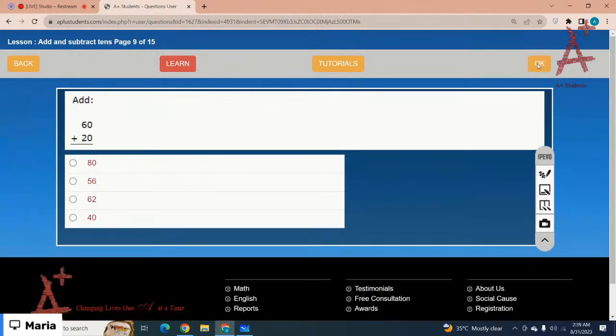Okay, add 60 plus 20. So which is the correct option? 0 plus 0 is 0 and 6 plus 2 is 8. So it would be 80. The correct option is 80.